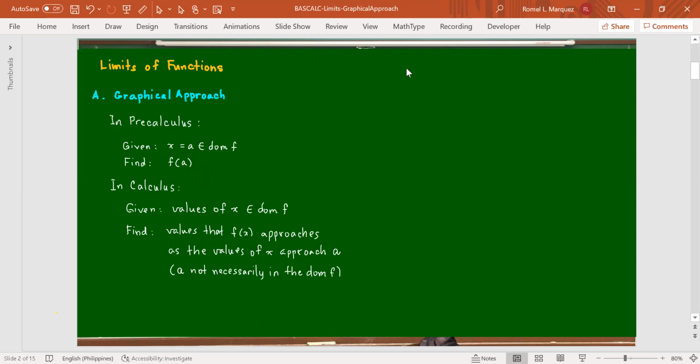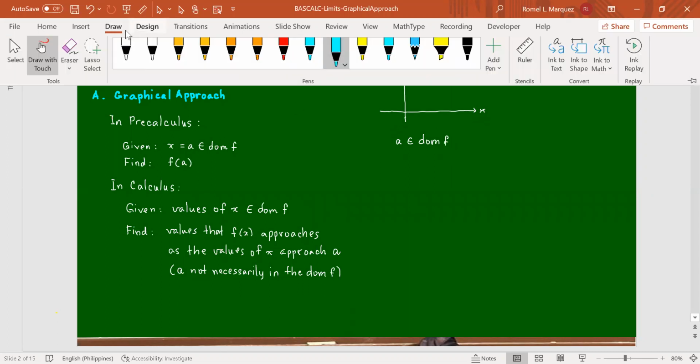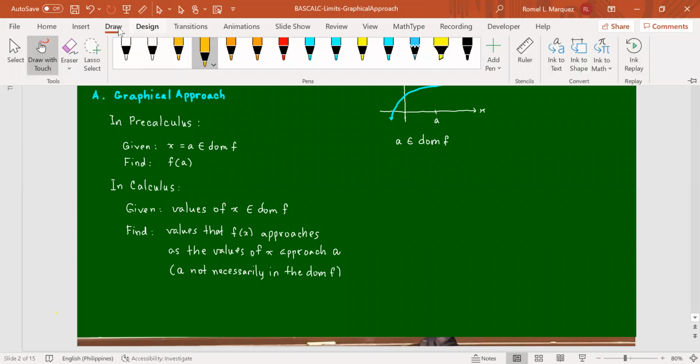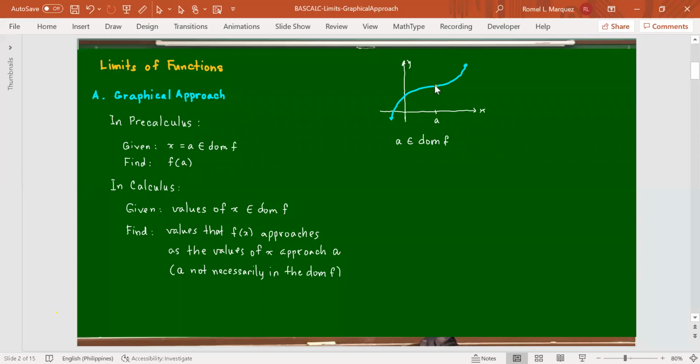Graphically, in this case, let's say a is in the domain of f, and let's say the graph of f is given by this. And this is our a, for instance. And this is the point corresponding to a. Okay?